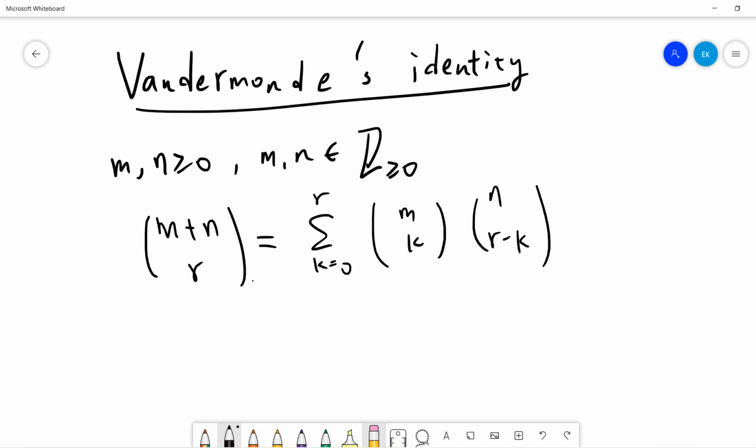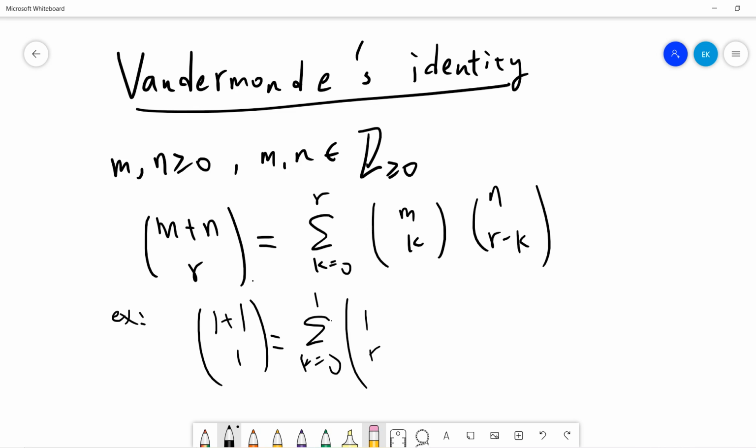Let's check an example. Let's say m is 1, n is 1, and r equals 1. So it's the sum over k from 0 to r of 1 choose k times 1 choose r minus k.